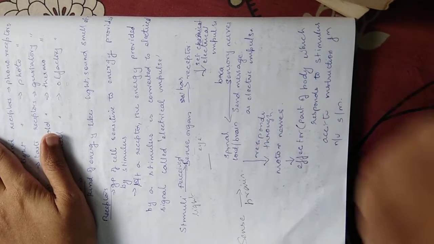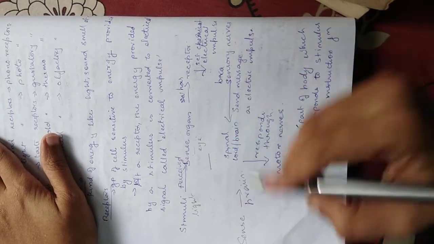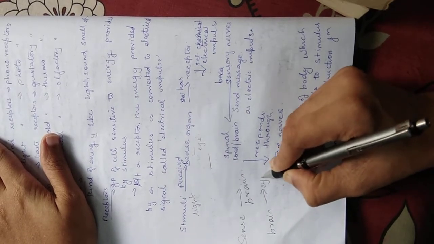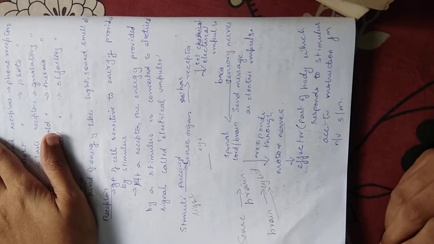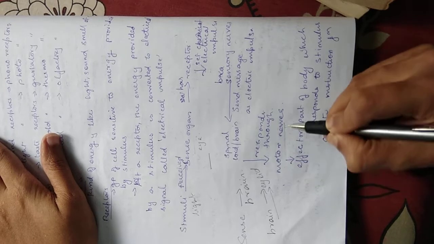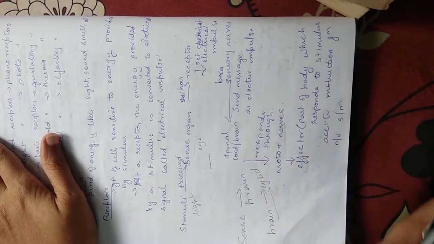The sensory nerves carry the impulse to the spinal cord or the brain, and the brain processes all the messages and responds. Now the brain has to tell your eyelid. The message has to go from the brain to the eyelid, right? From brain to eyelid, motor nerves. It goes to the muscles, or it may not always be muscles.